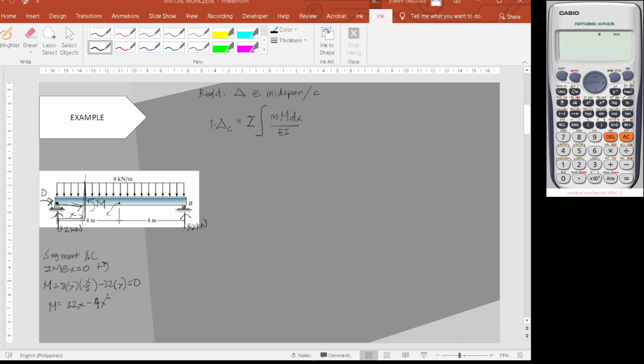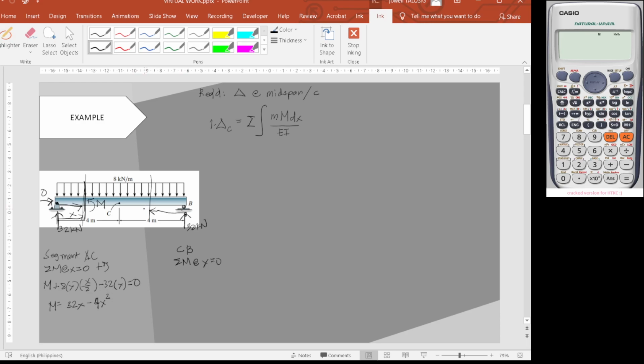Okay, so we're going to use our virtual calculator here to solve that. And the next one, we need to cut also the segment CB, at x equal to 0. For a simpler solution, start from point B, from right to left.